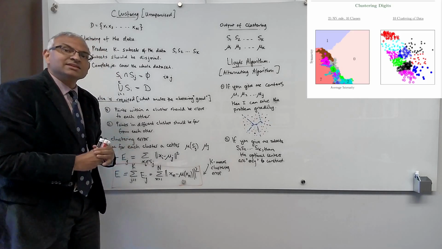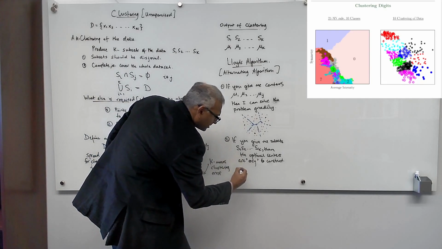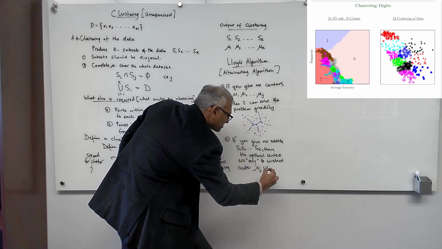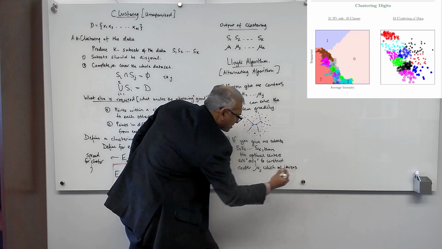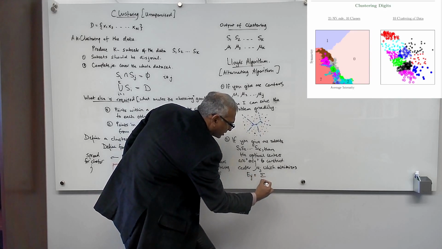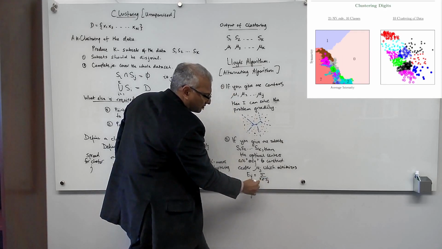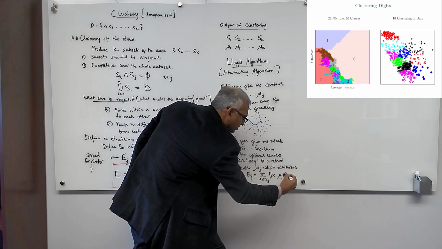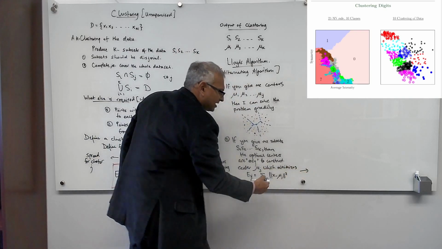It's an easy exercise for you to show that the center mu j which minimizes Ej, which is the sum over x in Sj, the sum over the data in my cluster Sj of the norm of x minus mu j squared, so the sum of squared deviations, is exactly the mean.